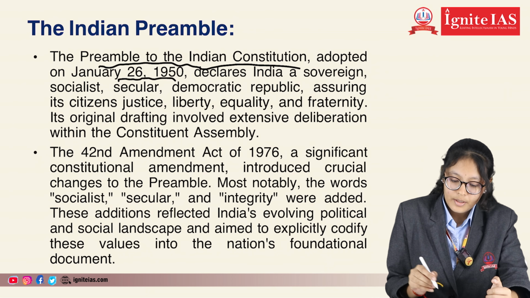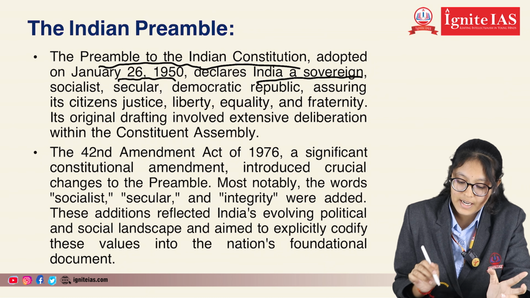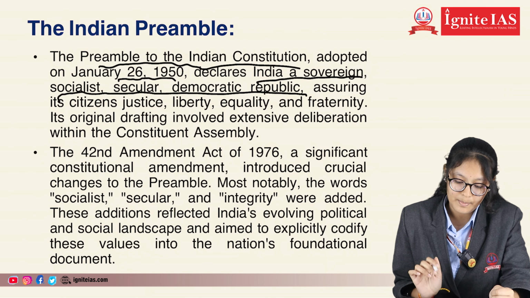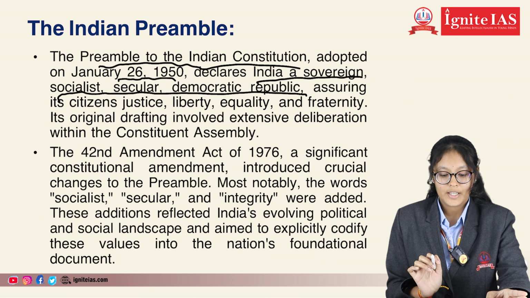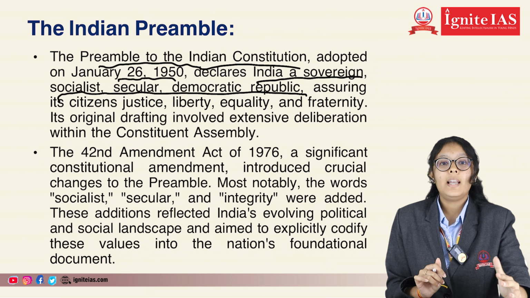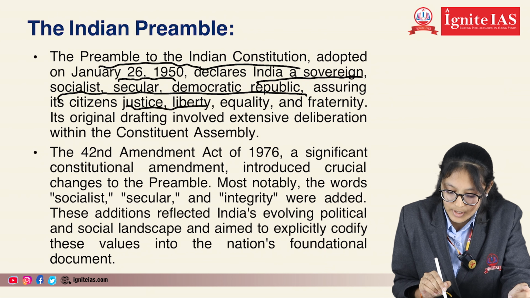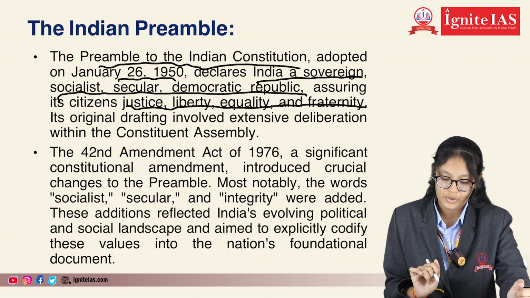And the Indian preamble declares that India is a sovereign, socialist, secular, democratic, and republic nation. So these five terms, sovereign, socialist, secular, democratic, and republic, tell about the nature of the Constitution, whereas the terms justice, liberty, equality, and fraternity tell about the objectives of the Constitution.